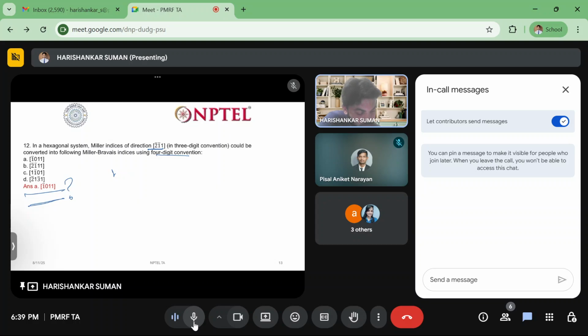This is a direction, not HKL. This is a square bracket. HKL is represented by this bracket if given like that.